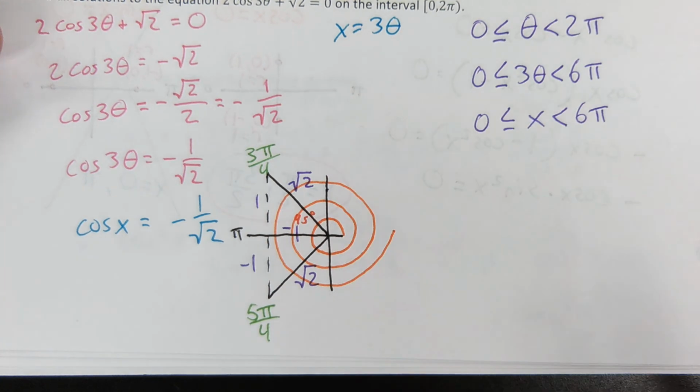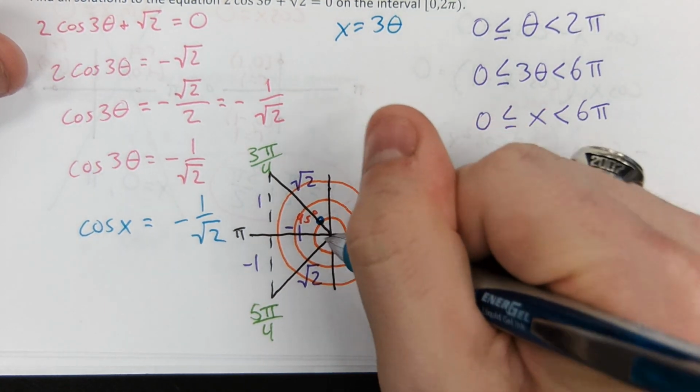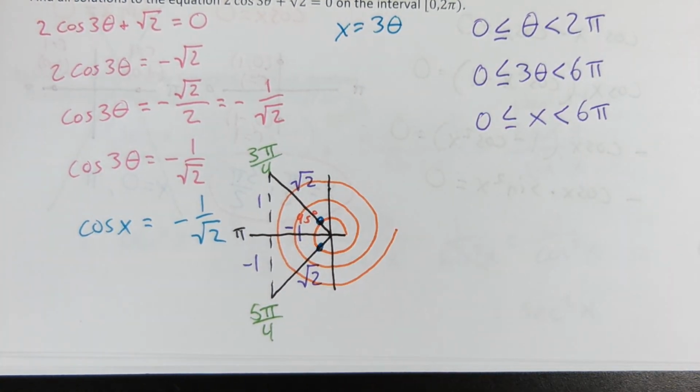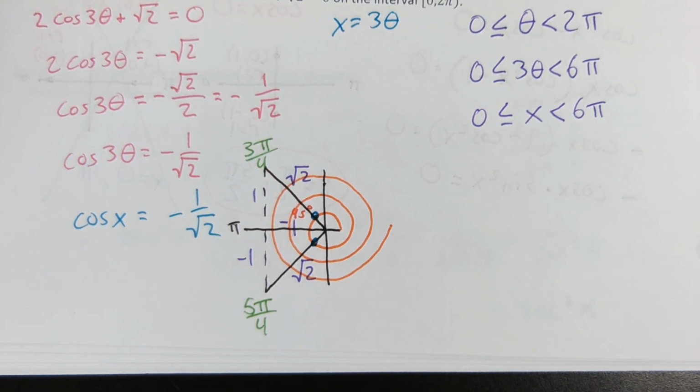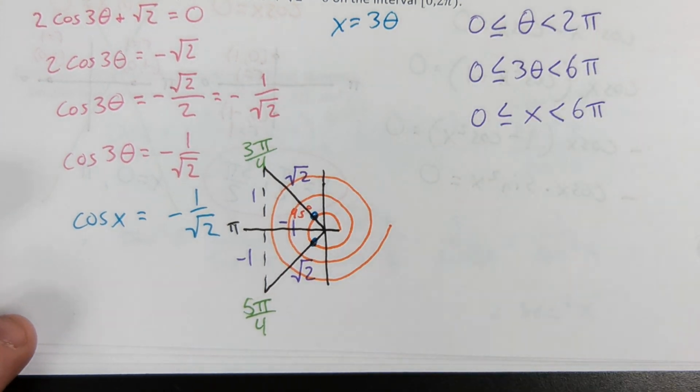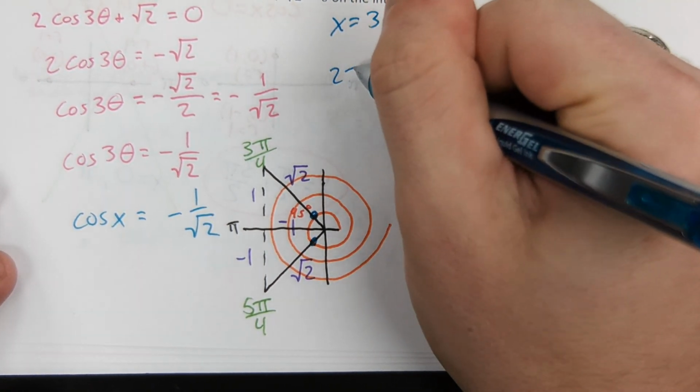We found this one and this one, but we add 2 pi to each of them 2 more times. 2 more here and 2 more here. And please remember, we are talking with over 4s, so 2 pi is 8 pi over 4.